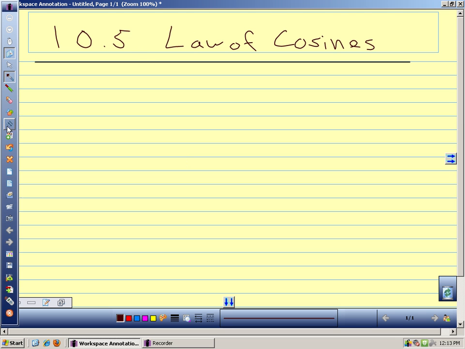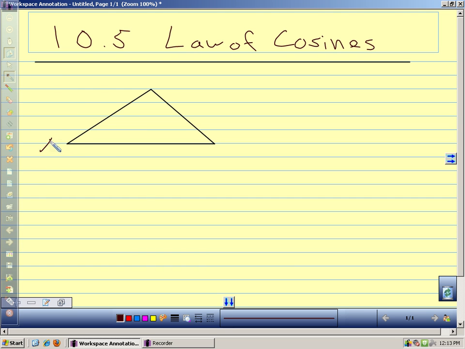So we're going to draw our triangle just like we did for law of sines. So we have some triangle, and we label the angles with capital letters and the sides opposite with small letters.